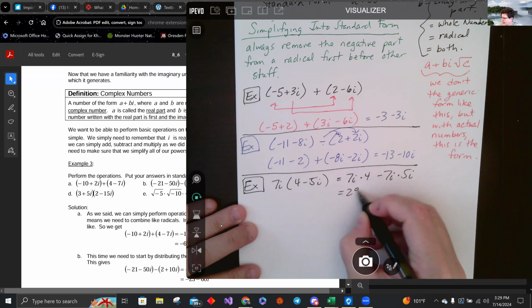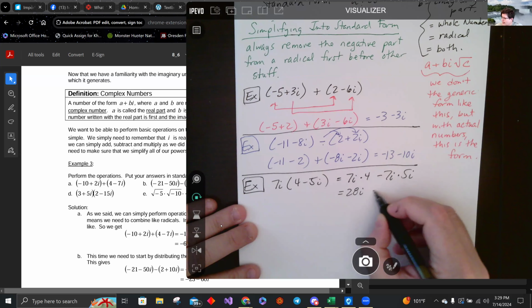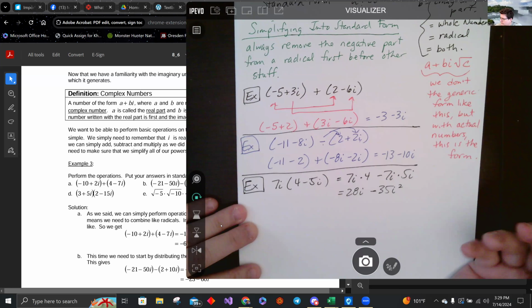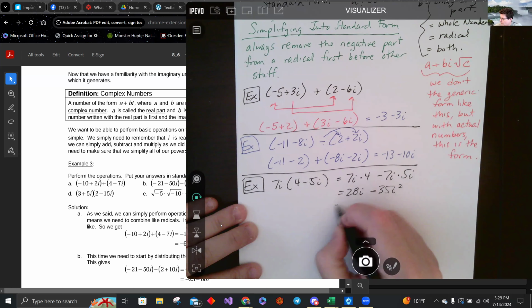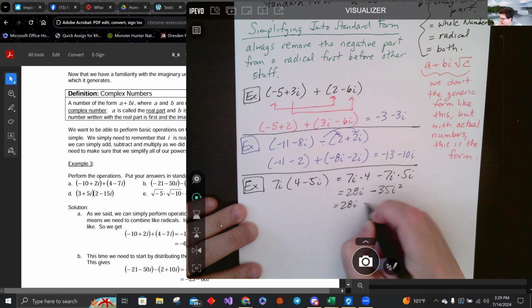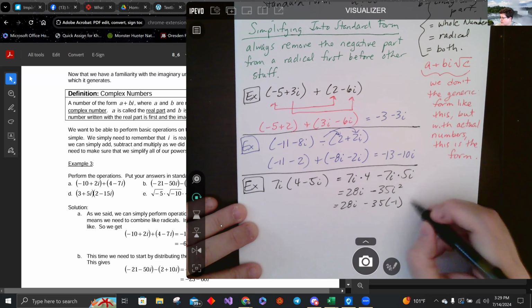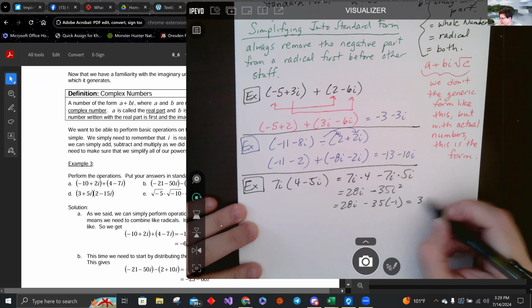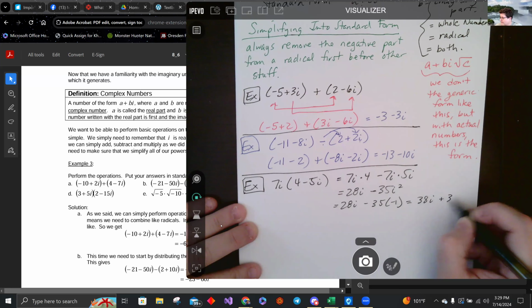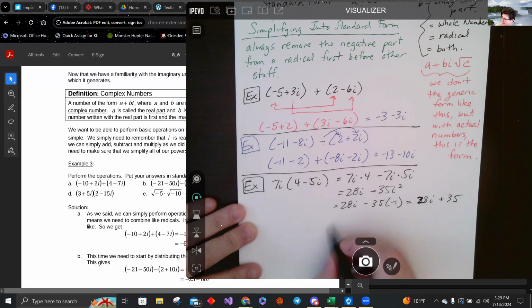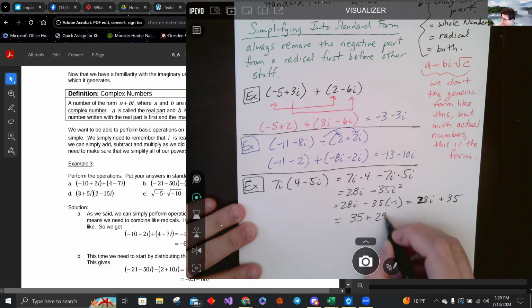This is 28i minus 35i squared. But i squared is negative 1. So this is 28i plus 35. And to put it in standard order, we're going to put the 35 first. 35 plus 28i.